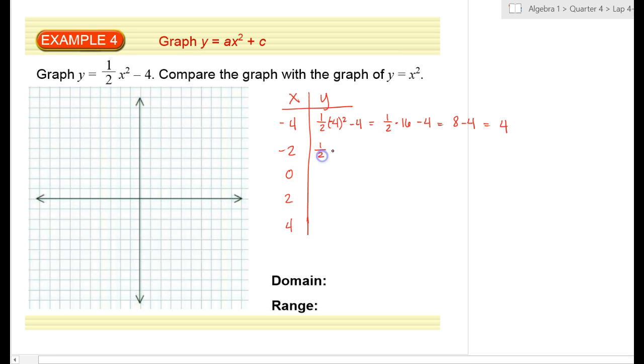When I plug in -2, that's 1/2 times 4 minus 4. That gives me 2 minus 4, -2. 0 will just be -4.